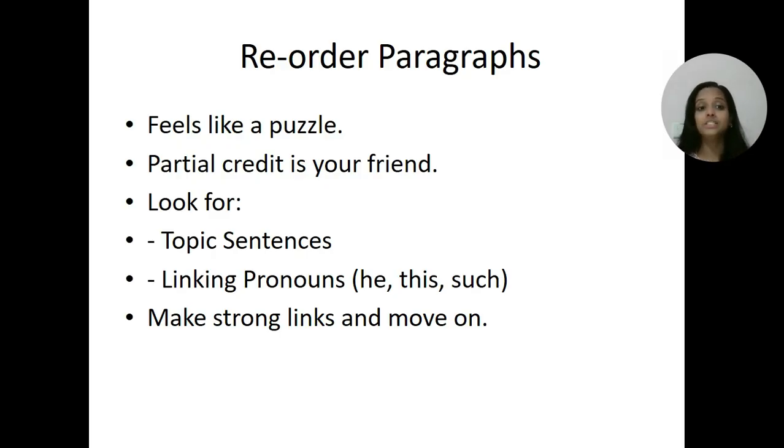Then you have to find supporting details or references, like linking pronouns such as he, this, such, which clearly link to another idea. Once you have identified a pair, lock them in and then you can move on. Don't burn 5 minutes just to get one puzzle perfect. Remember, this question type is moderate in scoring, so it's important but not the main game. Okay?